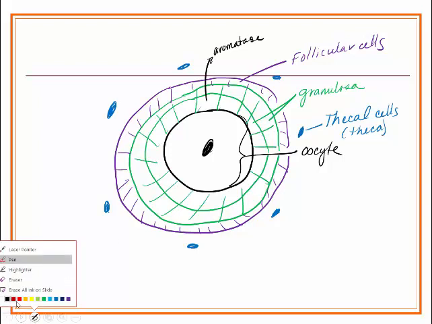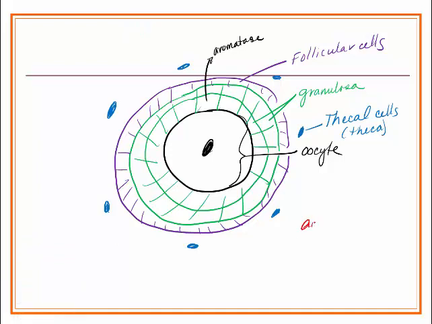And the theca actually produce androgen. So androgen is a class of chemicals. Okay. And the androgen that is secreted is testosterone.